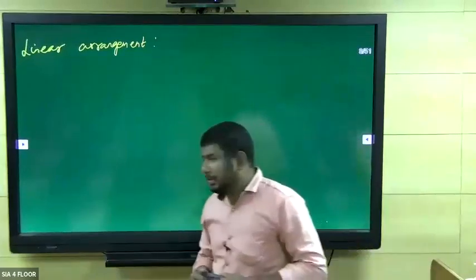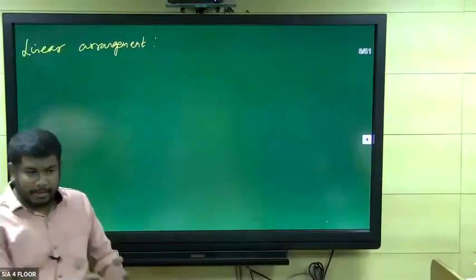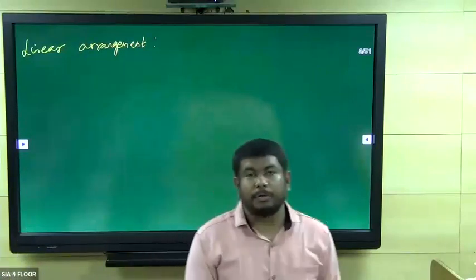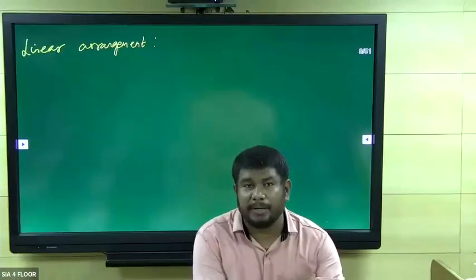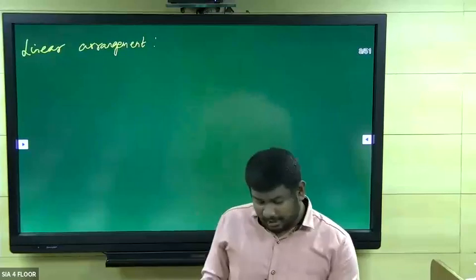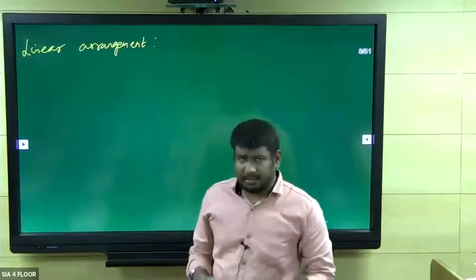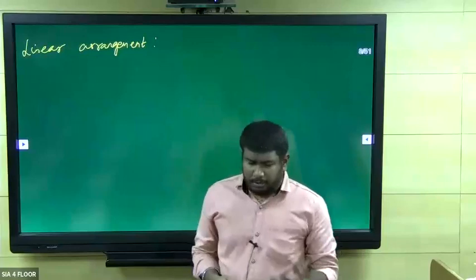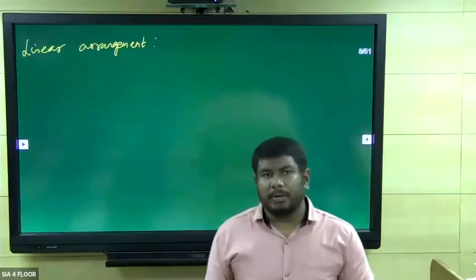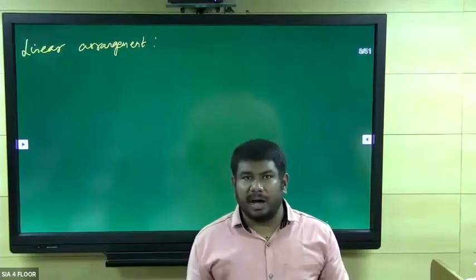Clear? Like in circular arrangement, here also we need to identify whether the given arrangement is linear or what. In circular arrangement, I told you we need to notice the word circle or round.